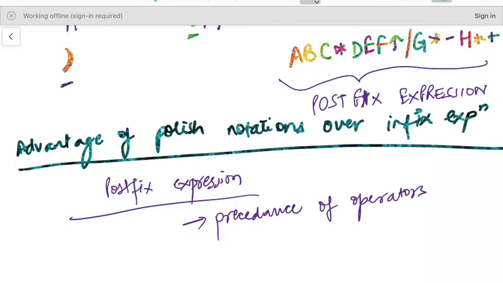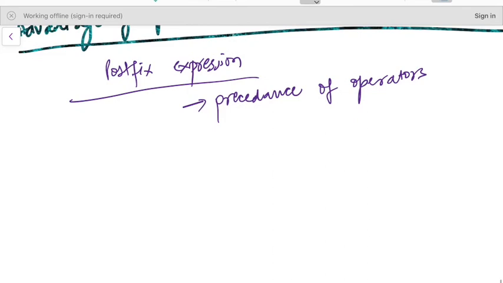So the placement of operators is really good in Polish notations. So for a machine it is very easy to carry out the evaluation of a postfix expression than an infix expression.